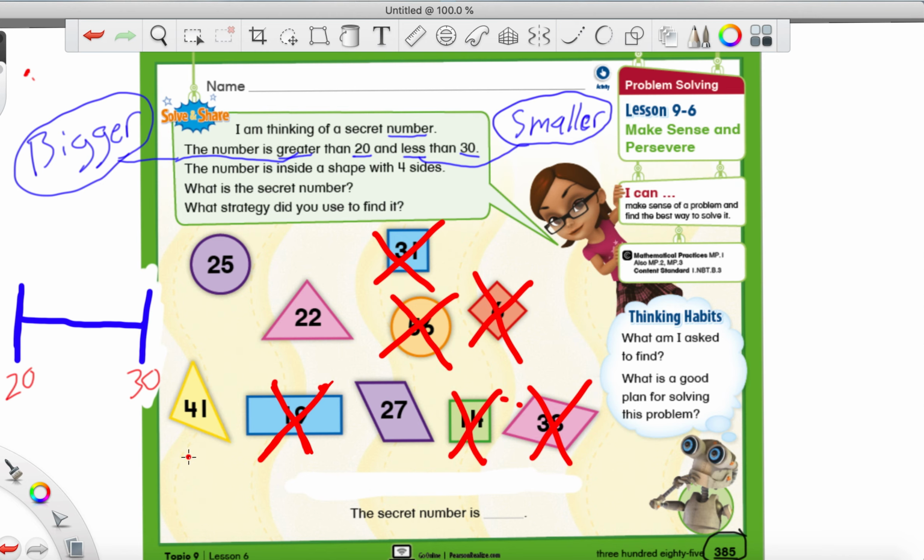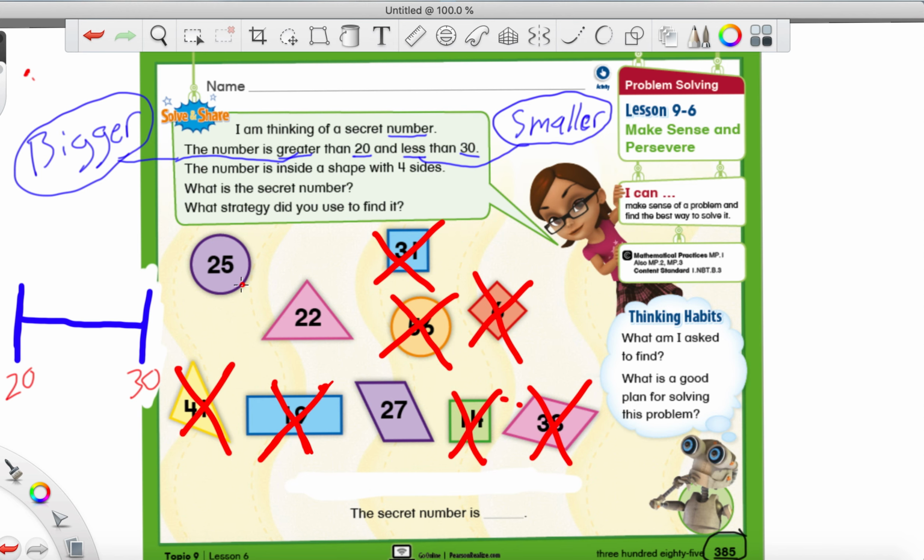And how about 41? Is 41 bigger than 20? It is. But is it smaller than 30? It's not. So it can't fit on this little portion of the number line. So we have to get rid of that one too. And now we're left with these three numbers that fit on the number line.